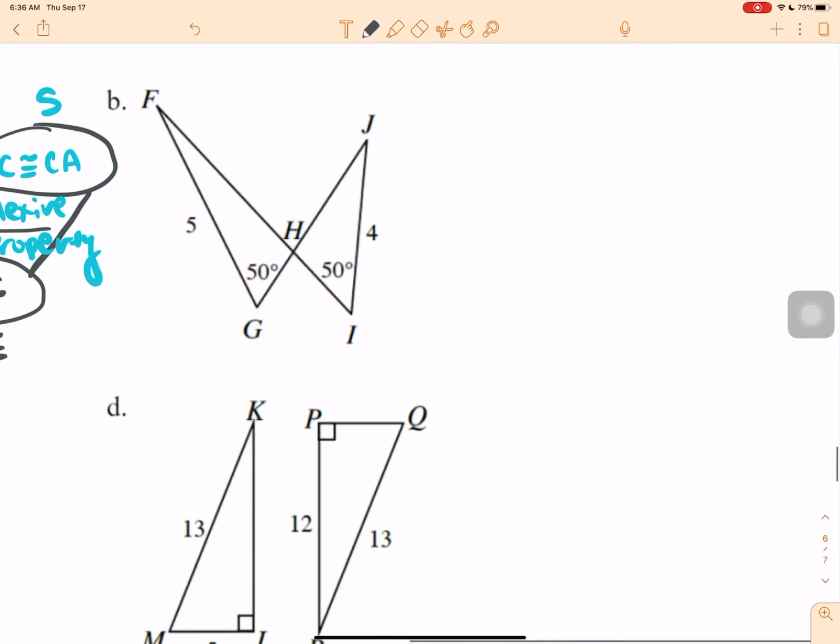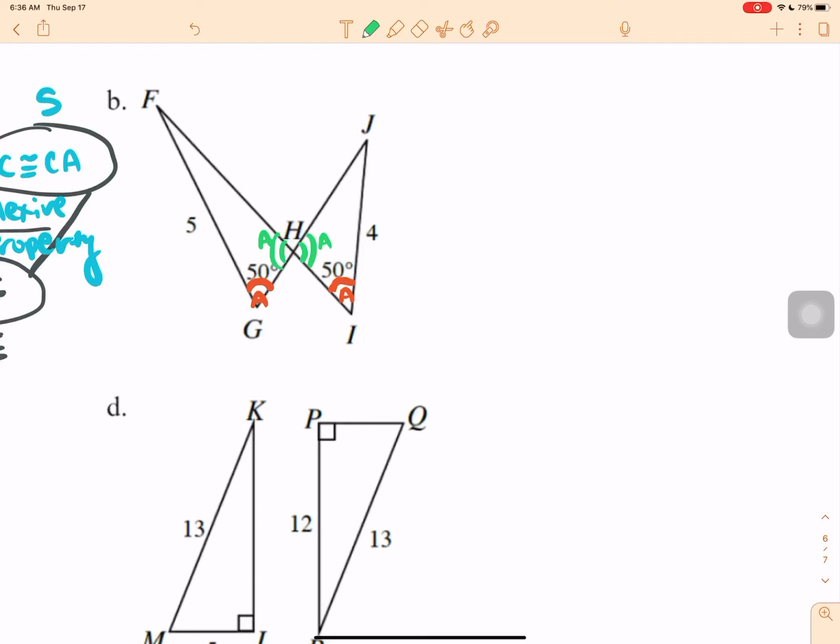So again, the first thing you want to do is mark your congruencies to see if they even are congruent, because we don't know yet, right? But here I have this 50 degrees. So we have an angle that's congruent to each other. And then we also have some vertical angles right here that are congruent. But we know nothing else.